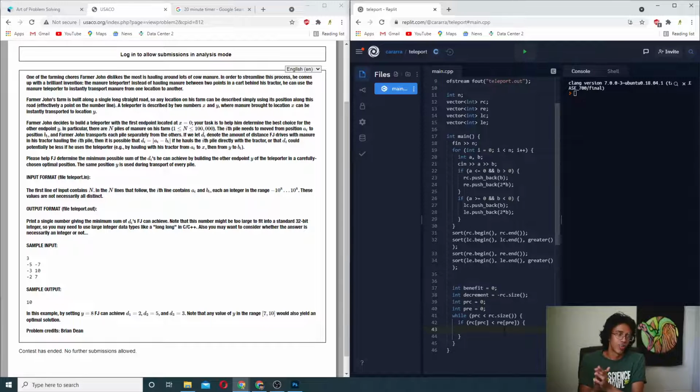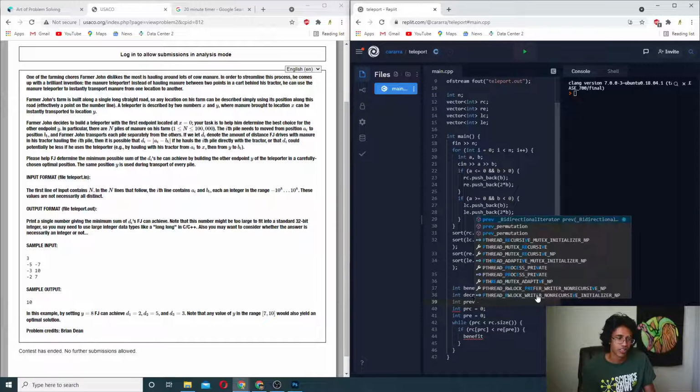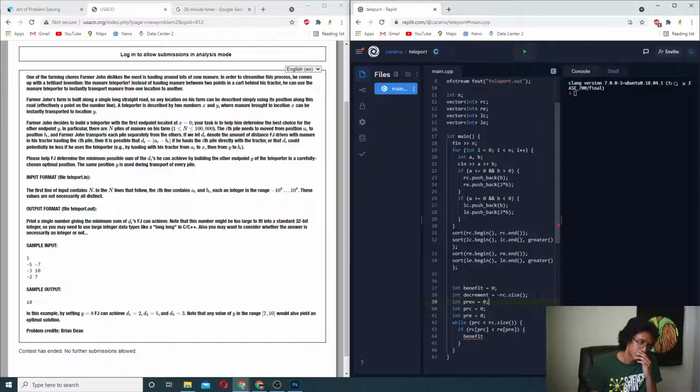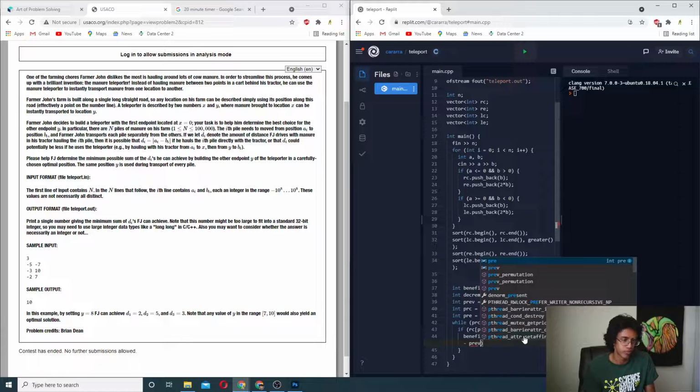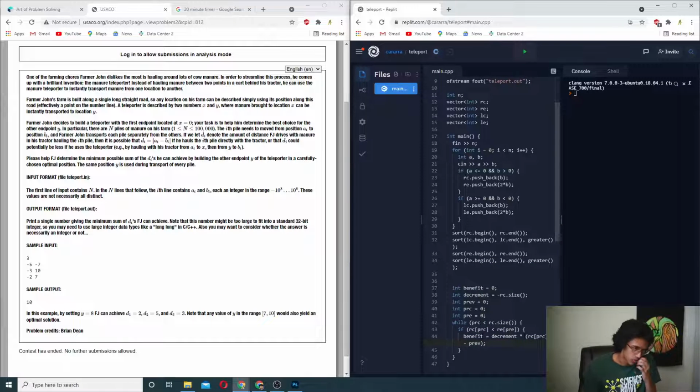So we probably have to keep an int prev location, right? How much we've kept track of. So benefit is equal to decrement times how much we moved, so that would be times RC[PRC] minus our prev, right? And that would be plus or minus equals. I guess that should be positive then, because decrement increases our benefit.